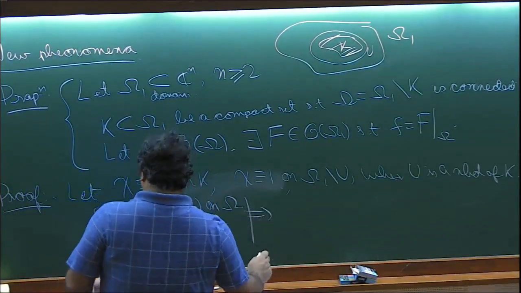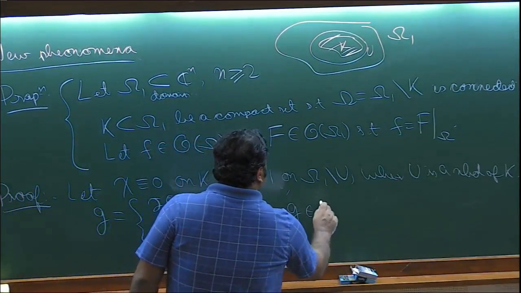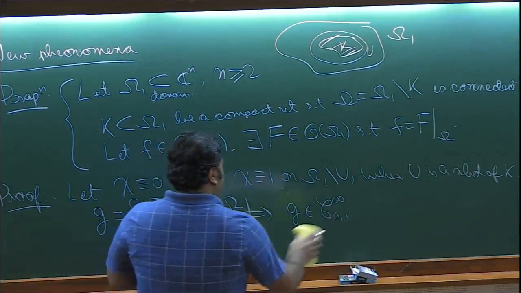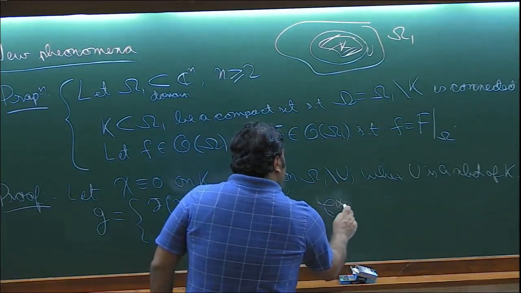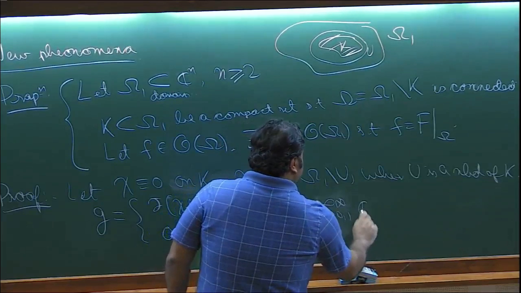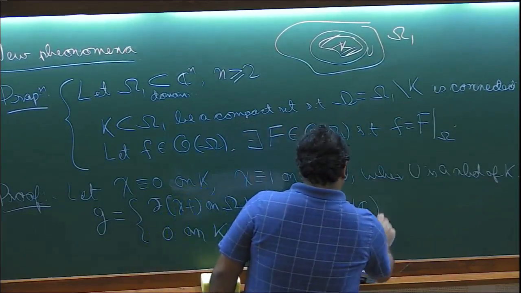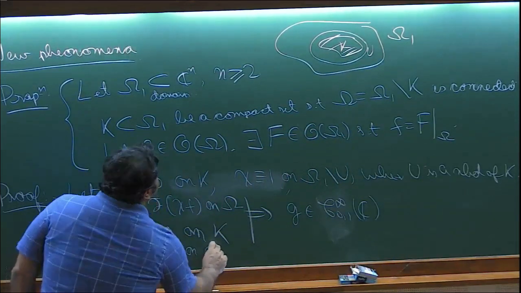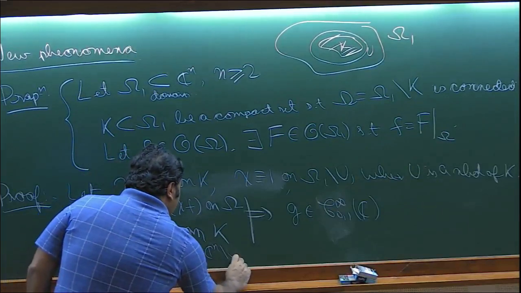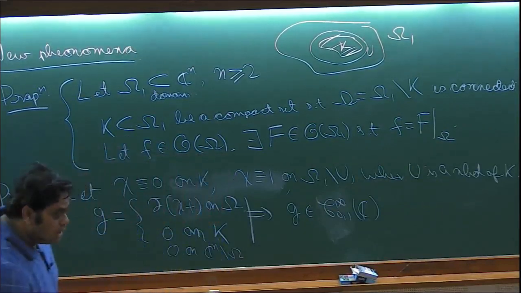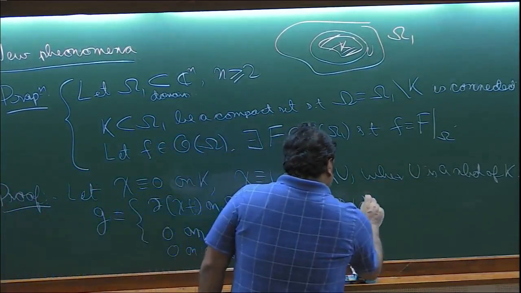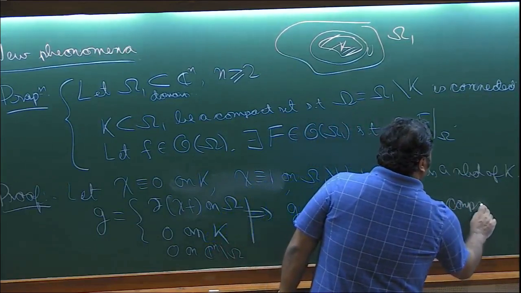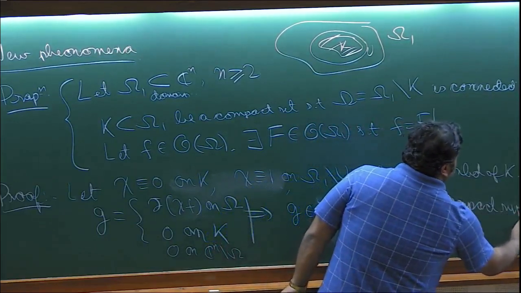So it's obvious that this G is a one form with compact support. I think the notation G is a C infinity 0 1 form, you can extend it to all of Cn, equal to d bar chi f on omega and 0 on Cn minus omega, with compact support.